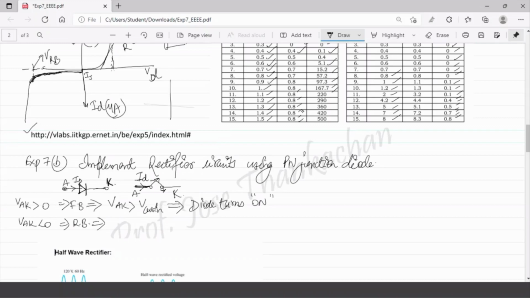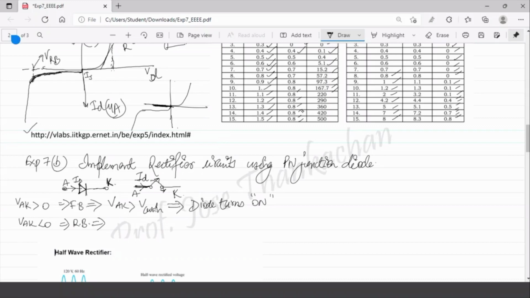If I draw this graph on the same scale, so if this is ID, then this will be somewhere near 0, like this. If I use the same scale on the positive y-axis and negative y-axis, this line will be near 0. But if we amplify this by 1000 times, then you can see that this graph will be something like this.